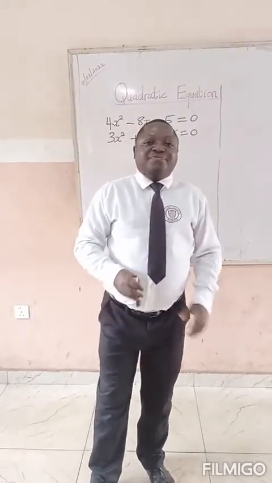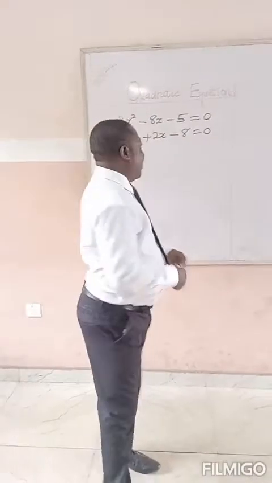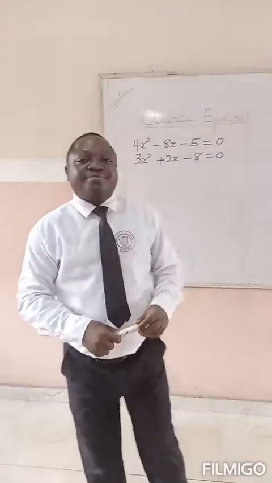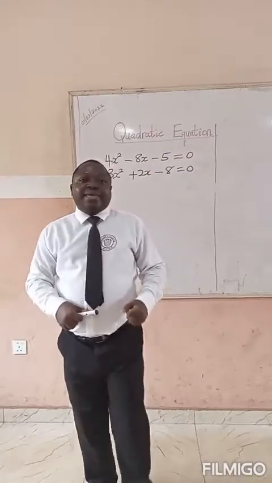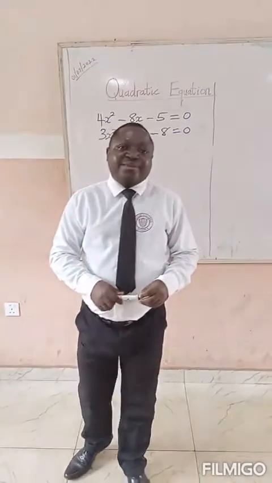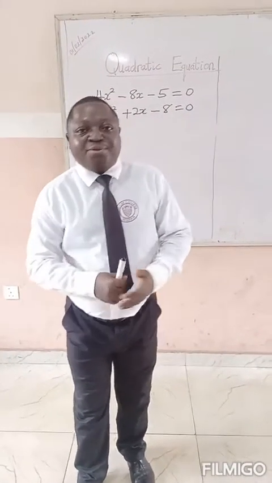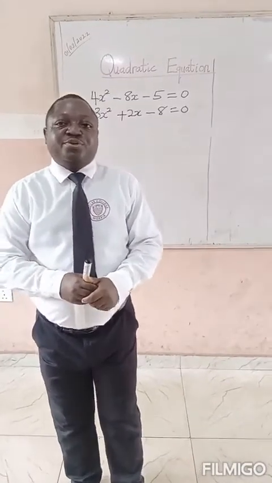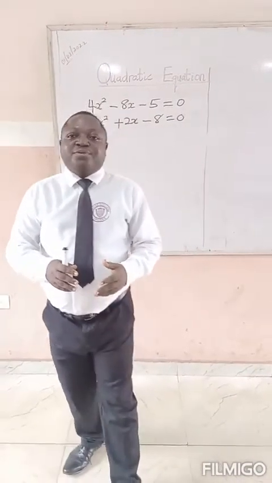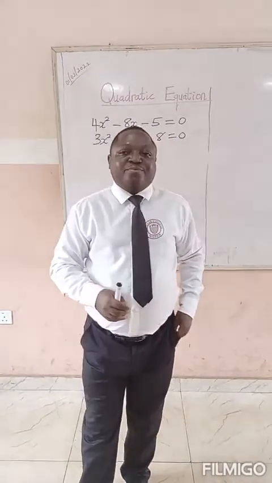In my last video, I discussed the meaning of quadratic equation. But today, I want to explain one of the methods of solving quadratic equation. There are four methods of solving quadratic equations. One of such method is the use of factorization method.